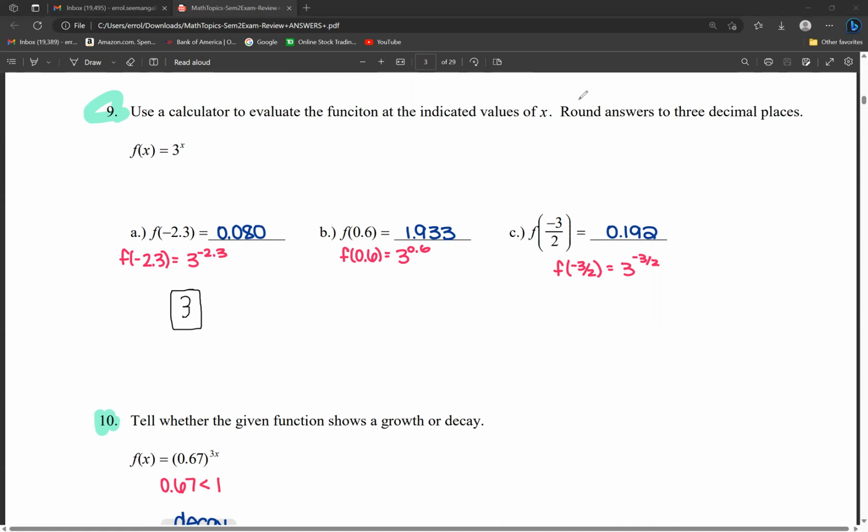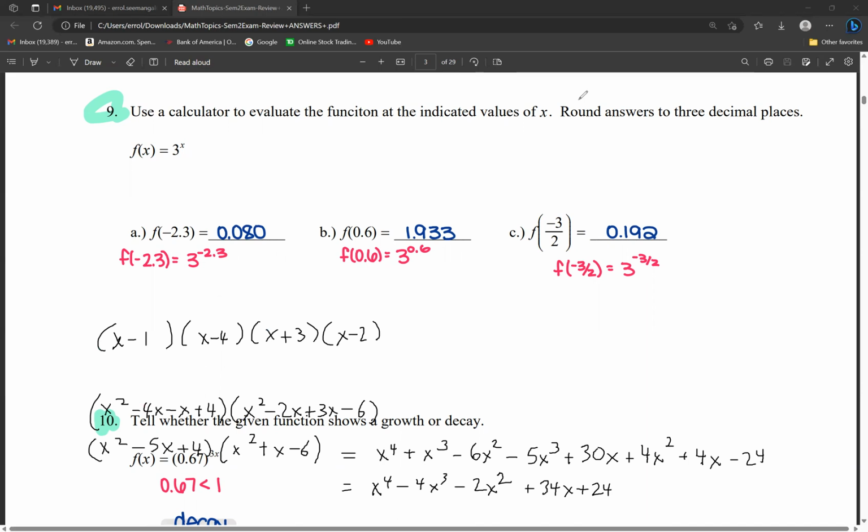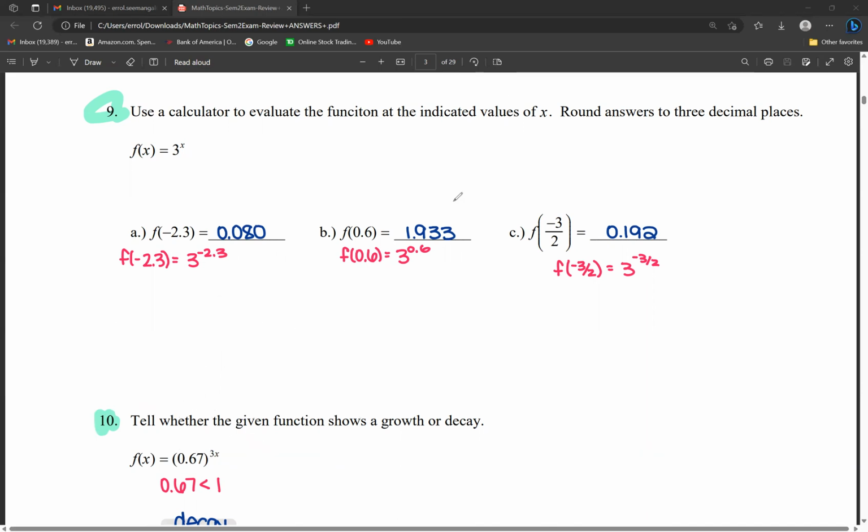Make sure you do the same thing for B and C. Try those two, and make sure you got the hang of it. For this one, just type in the 3 and then raise to the 0.6. You might have a button like this. Oh yeah, I have that. Type in 3, then that button, then 0.6, and then enter. I got the same answer. All right, cool, good.